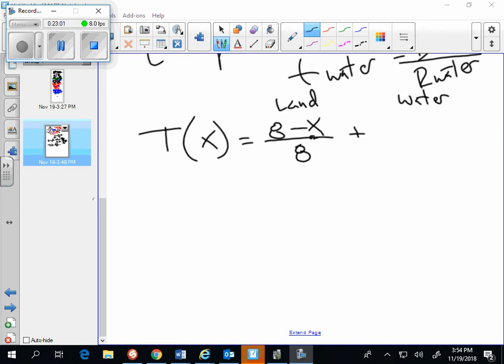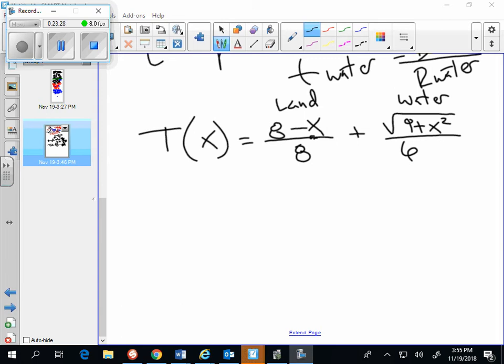Well, we know the water distance is the square root of 9 plus x squared, and the water rate is 6. So here's time as a function of x. And the first time you do one of these shortest time problems, it's a little intense trying to get that equation. But remember, ultimately, we're just using distance divided by rate to give me time and adding those two times together.